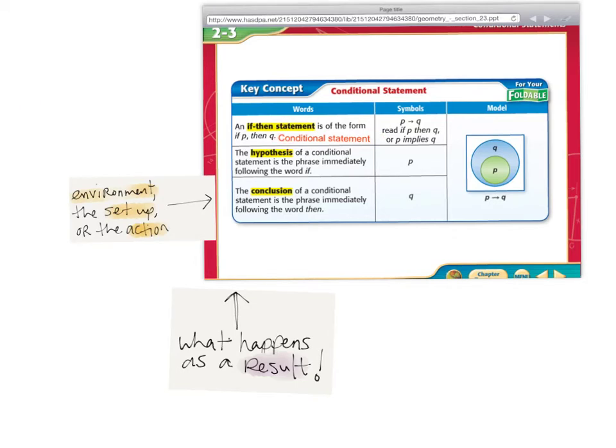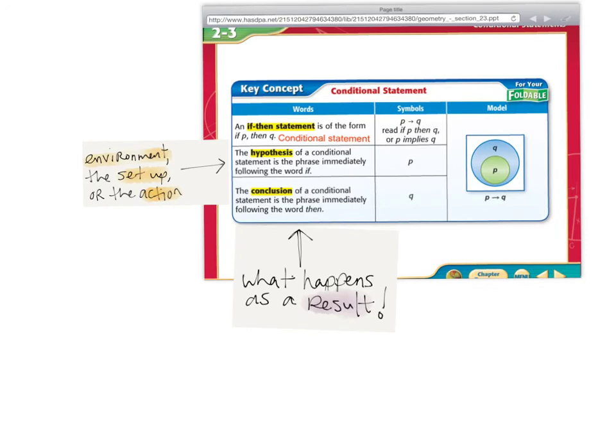The next thing I want you to know is that sometimes there is no if and no then, and you're just going to have to know what the hypothesis and conclusion really mean. So in a sentence, the hypothesis would be like the environment, or the setup, or the action. It's something that sets up a consequence, and the consequence is the conclusion. It's what happens as a result of the environment, the setup, or the action.